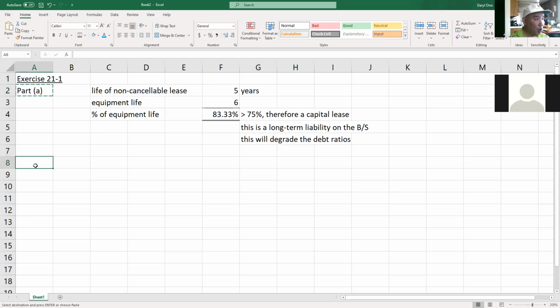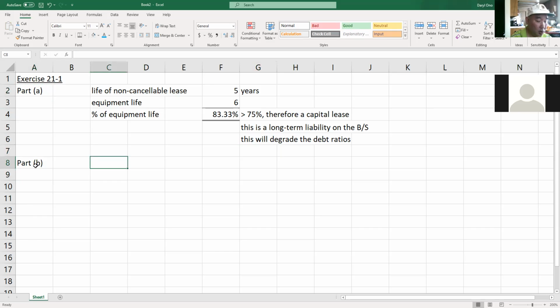The lease payments are going to be due at the beginning of the year. So we have part B. We have to set up our table.